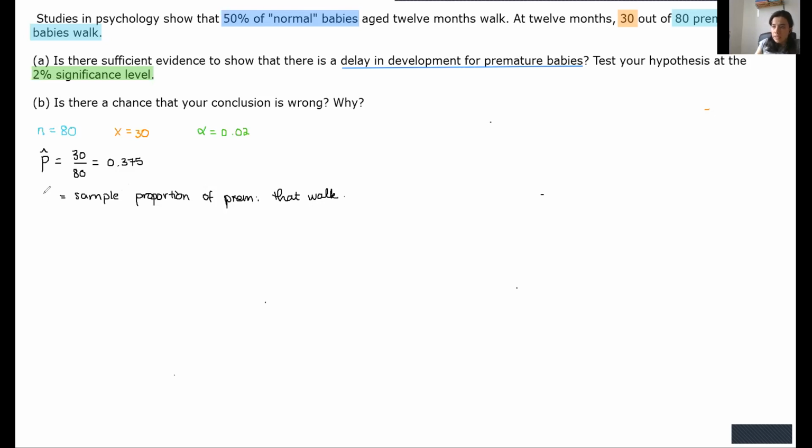Now, if this is the estimator that I'm looking for, then that means that the proportion that I'm actually interested in estimating and doing a test about is going to be the population proportion of premature babies that walk. Proportion of premature babies that walk, of 1 year old that walk.